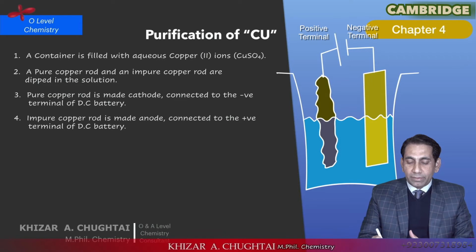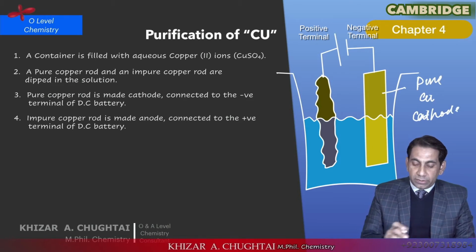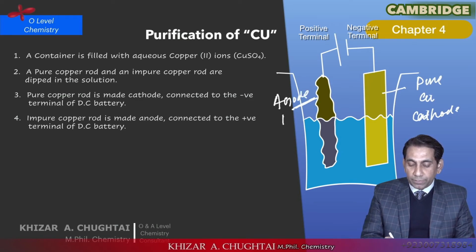The pure copper rod is made the cathode, and this impure copper rod is made the anode.